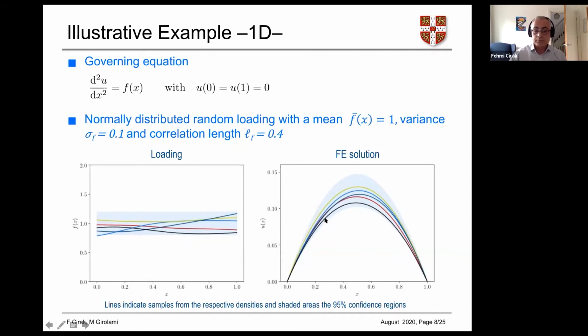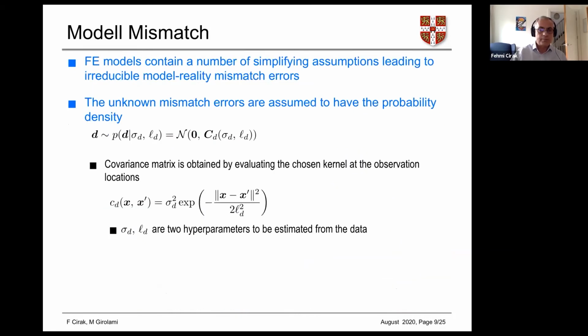So essentially, there is a long equation on the last slide, which enables us to compute the mean of a finite element solution, and also the 95% confidence regions, by just looking at the statistics of the loading. So now we have some distribution for the finite element solution for the temperature.